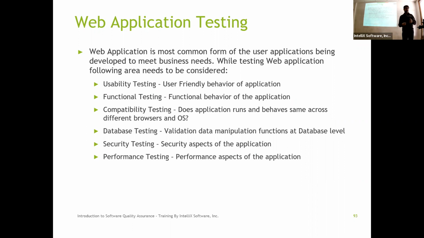Because they designed the system to say, okay, we're going to focus only on this. Anything outside that, we're not going to support. Or in some cases, they say, we're going to support these 4 browsers and these are the versions. So as a quality assurance and tester person, you need to make sure: can you log into all these different browsers and test the feature and functionality to say it still works as expected? That's compatibility testing.